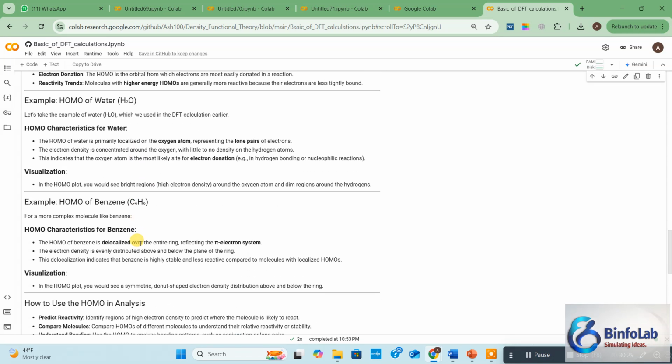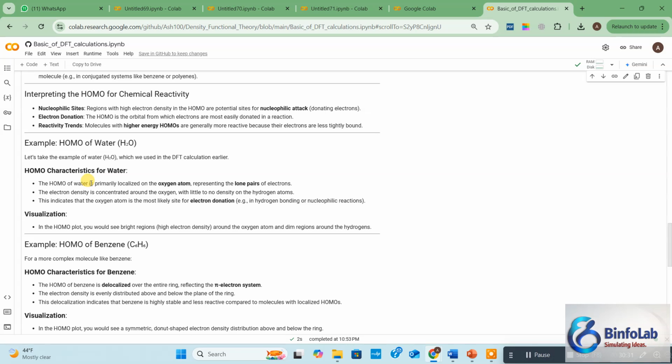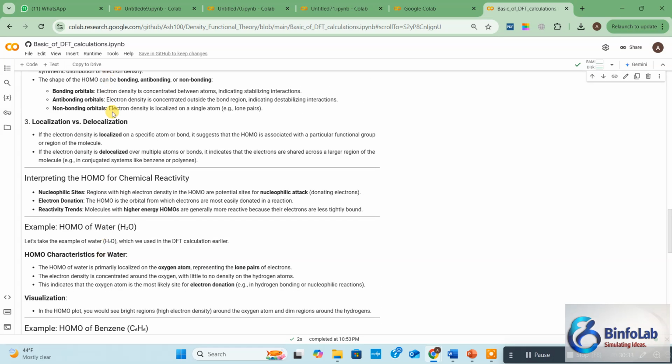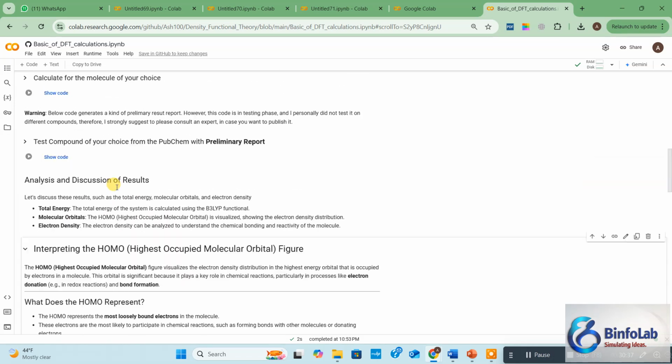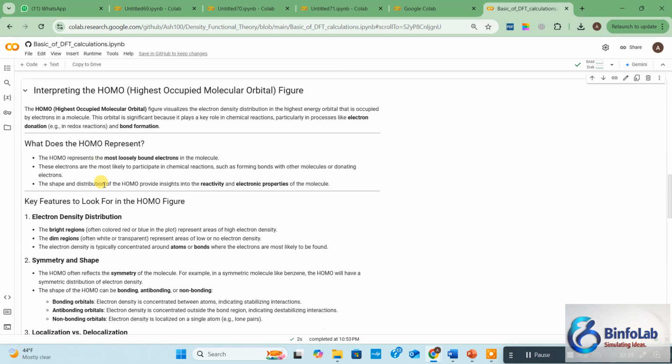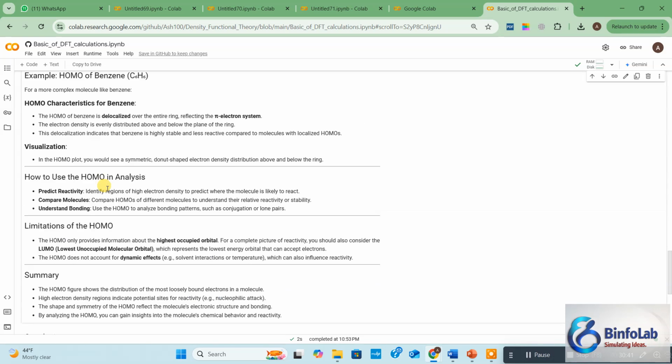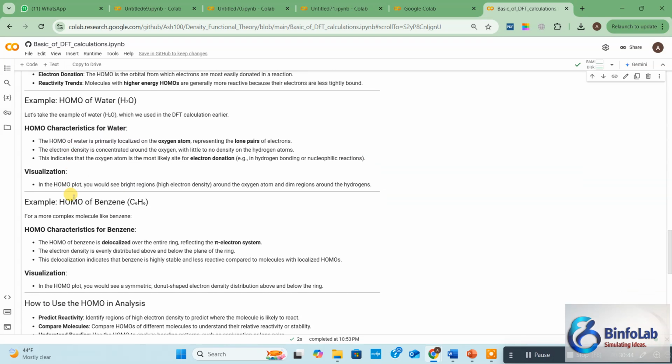Okay, now these were the general rules. Now we are going to interpret specifically these things. Let's say we interpret water. Let's take the example of water, which we used in the DFT calculation earlier. The HOMO of water is primarily localized on the oxygen atom, representing lone pairs of electrons, as I showed you above.